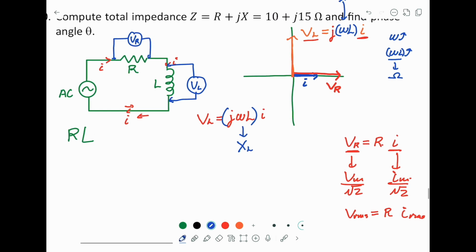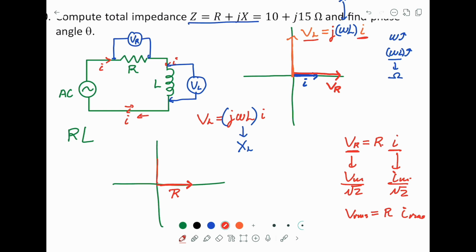So in our expression here, we can plot this one on the plane. Remember, R is along the x-axis or the real axis, because R is proportional to I and VR. So this is R, and the XL, the impedance for the inductor, is 90 degrees leading.